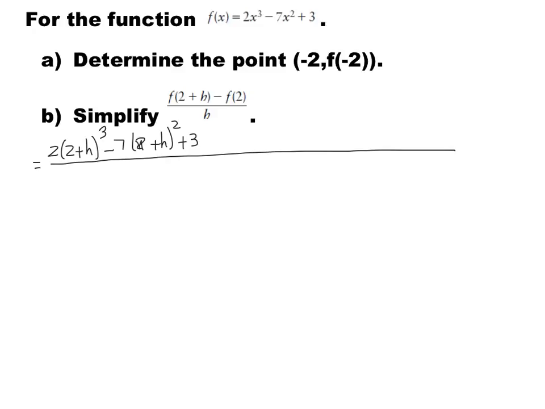This is f of 2 plus h, minus f of 2, in an open bracket. Now we are going to substitute 2 for x. So 2 exponent 3 is 8, 8 times 2 is 16, minus 2 exponent 2 is 4, times 7 is 28, plus 3, divided by h.